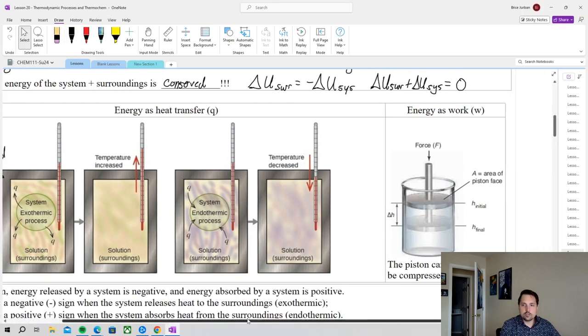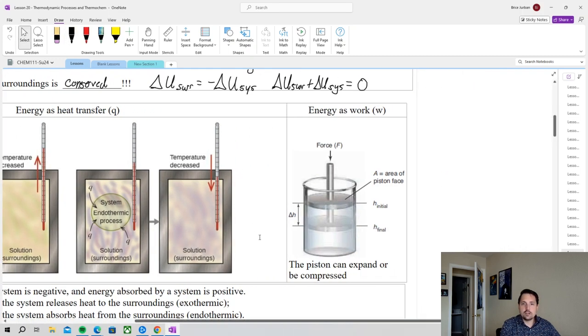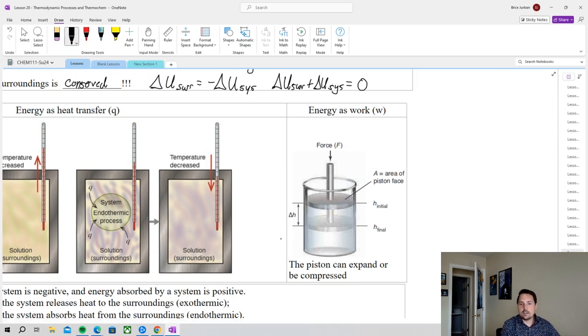We can look at the work transfer that's occurring through the use of a piston, where the piston has a certain area, there's an external force being applied on it, and the system itself can push back against that force. We can look at the change in height of the piston to figure out the volume, because the change in height times the area equals the volume change.